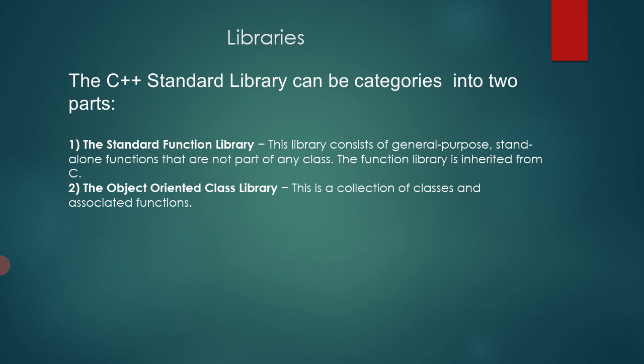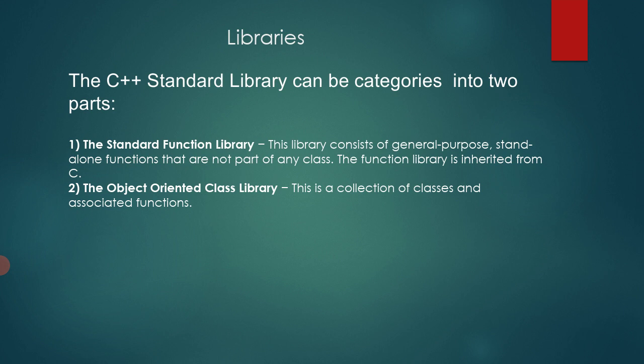So similarly, there are some basic functions and basic libraries which are also inherited from C. All the basic functions come under this kind of library. The standard function library is used to perform standard, basic, standalone functions. Whatever functions we want to use, we can use with this library.